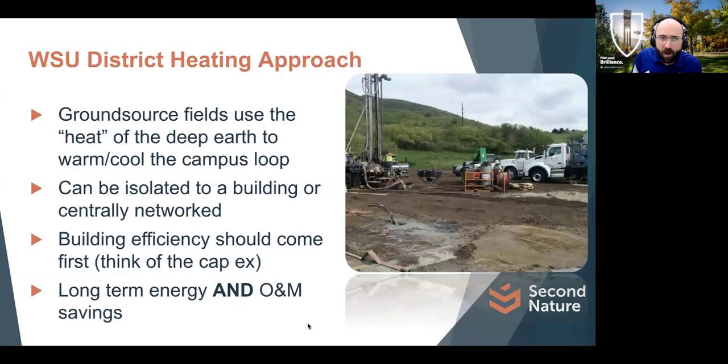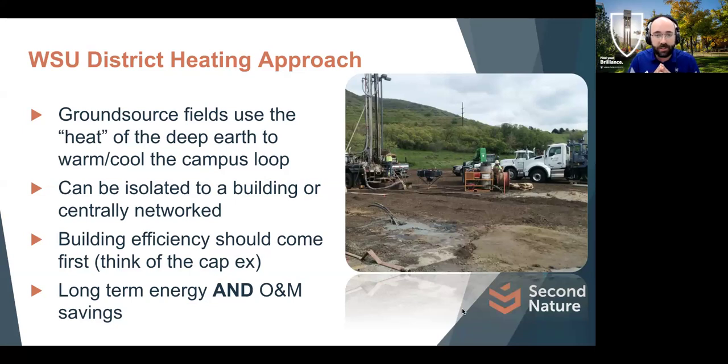This has already been explained, so I'm just going to touch very lightly on it. At Weber State, we've used two different approaches to implement ground source fields on our campus, because we're trying to align our capital improvement, our energy program, and our capital development to get us to that 2040 goal.